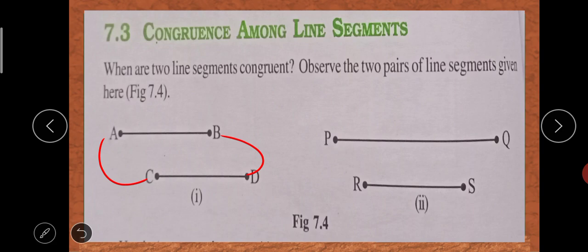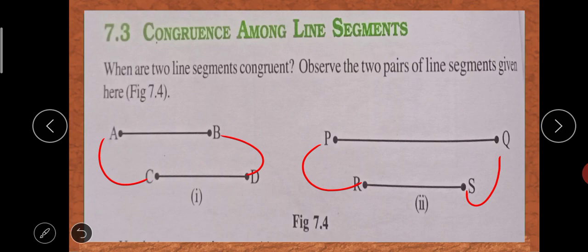Now in the second figure, PQ and RS, these two line segments are given here. Here if you place R on P and if you try to place S on Q, is it possible? No. Why? Because their lengths are different, because these two line segments have different lengths. So it is not possible to do like this.